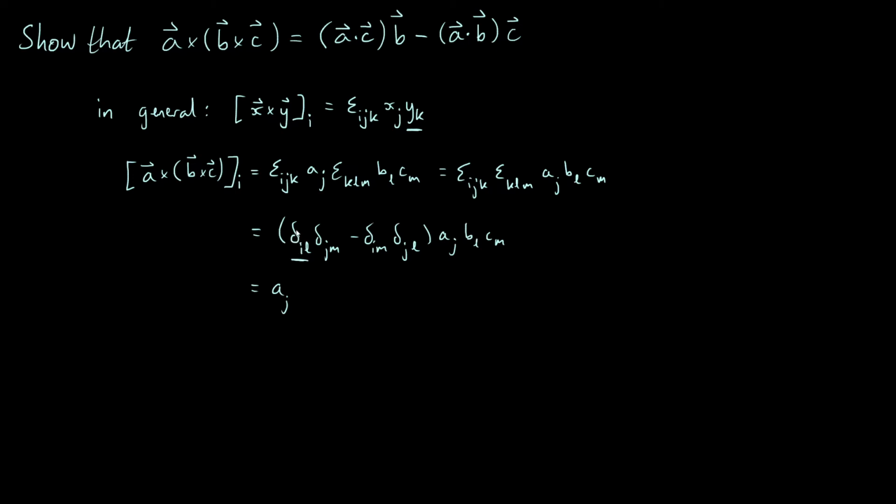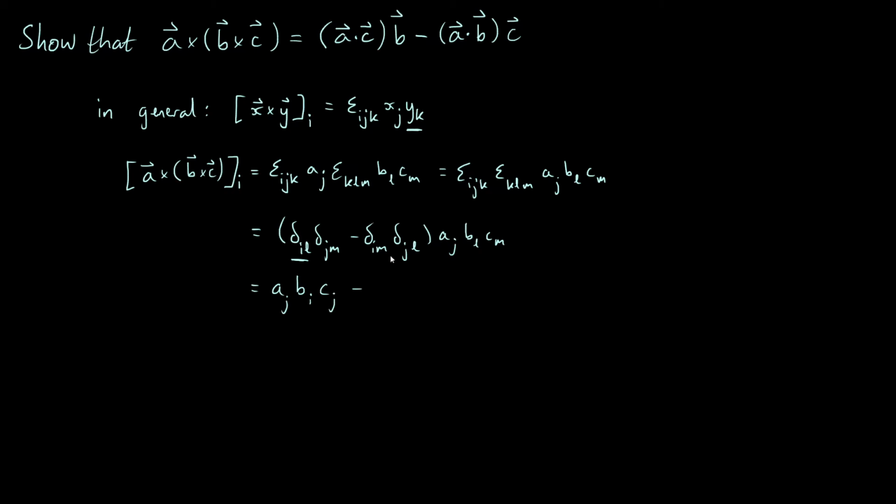So the effect of multiplying by delta il is to force l to be equal to i. We can just change this bl into a bi and get rid of this delta. Similarly, we have delta jm times cm. We sum over the m's, and the only time you get a non-zero contribution is when j is equal to m. So the delta forces j to be equal to m, and we just replace this m with a j. So that becomes cj.